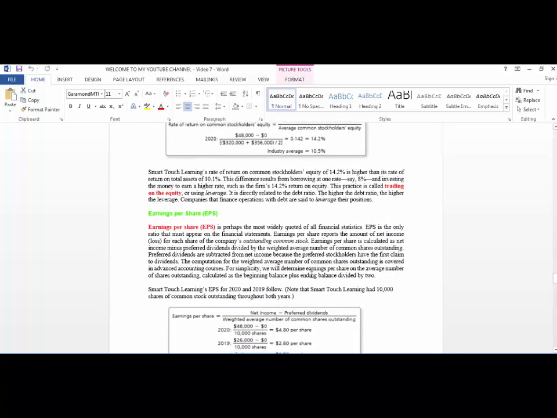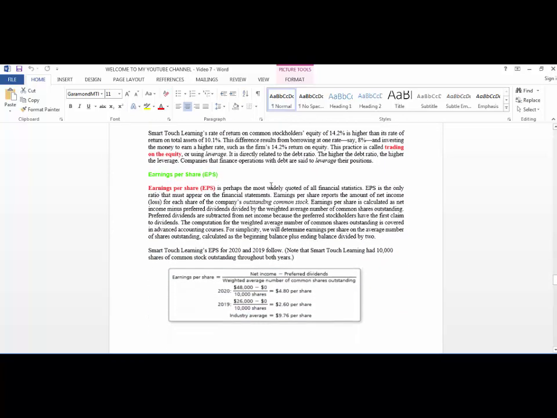Then we have the most important one, EPS, earnings per share. Earnings per share is not a ratio that appears in the financial statements. It reports the amount of net income or net loss for each share of the company's outstanding common stock.